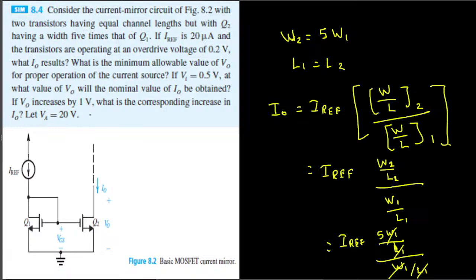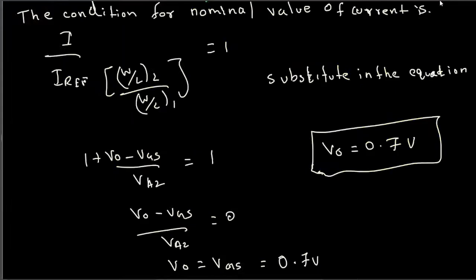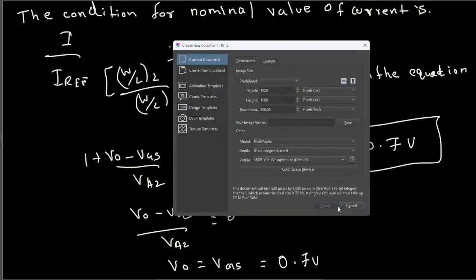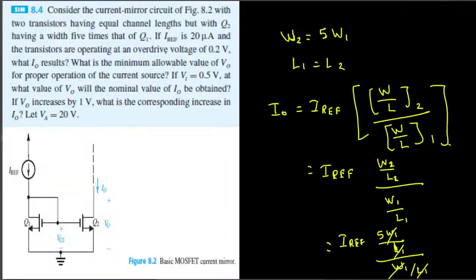Let VA be equal to 20 volts. Let me read the question again. If V0 increases by 1 volt, what is the corresponding increase in I0?